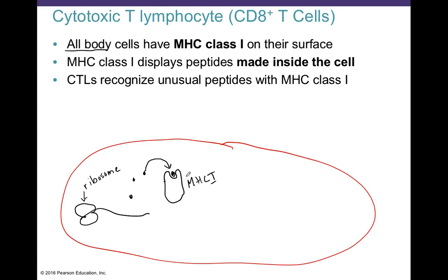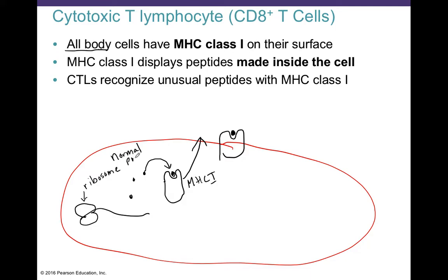And in a similar way to MHC2, those molecules will get brought to the plasma membrane. And here it is presenting that antigen. So this is a normal antigen.